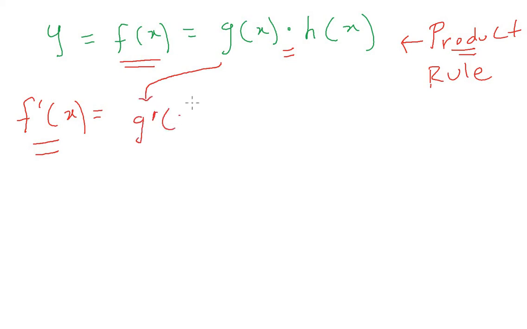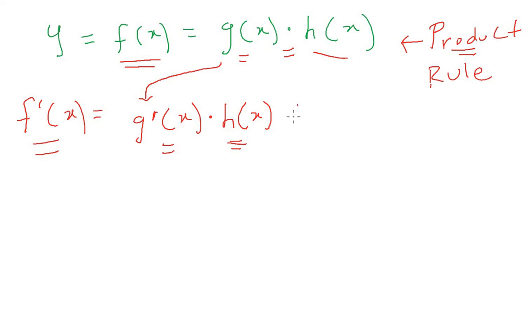So g prime x, that means we are differentiating the first function. Keep the second function as it is. This is true in differentiation. If there is multiplication, if you differentiate one function, the other function cannot be differentiated. So please note, hx remains as it is.